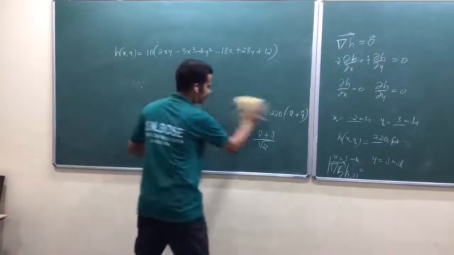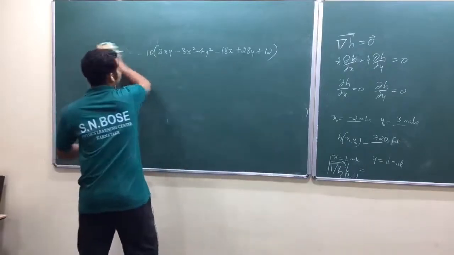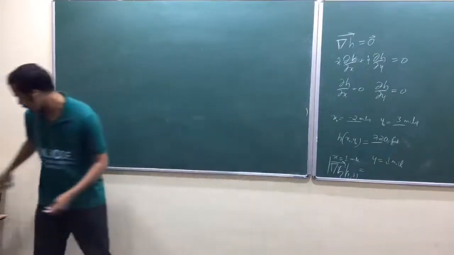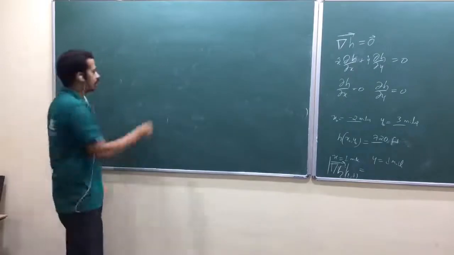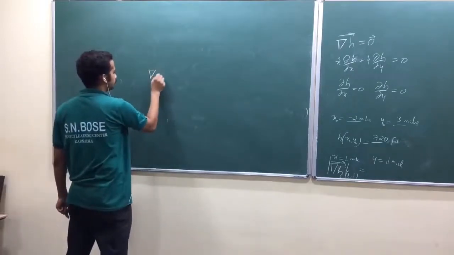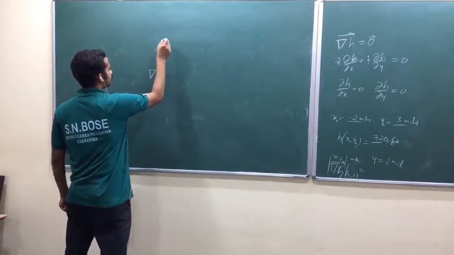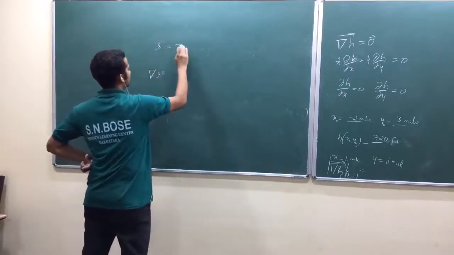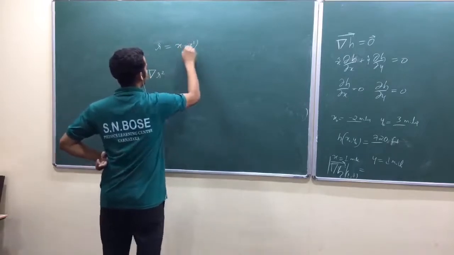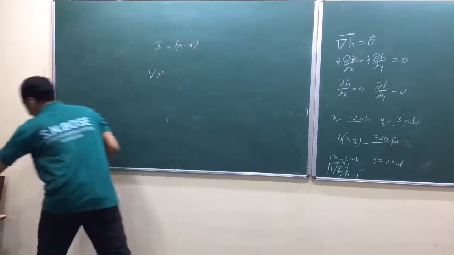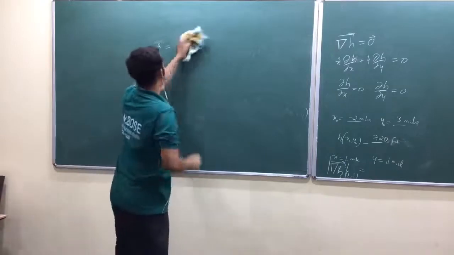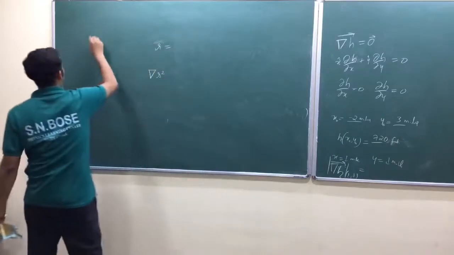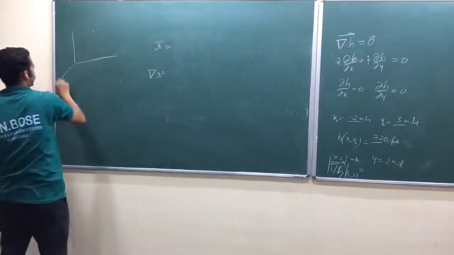So now let me quickly explain how to solve the next problem. Try it yourself. So del of italic r squared. What is your italic r? I hope you know that idea.